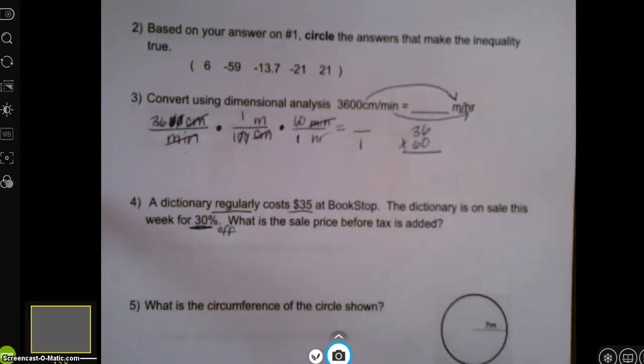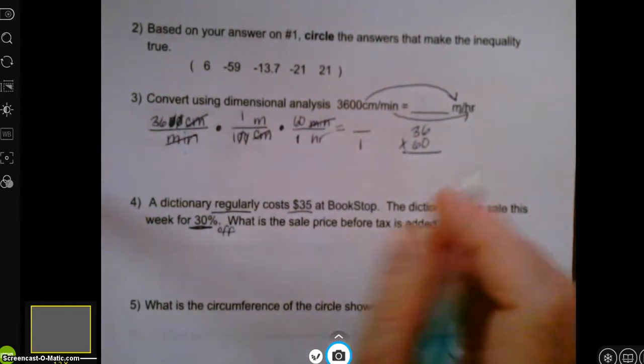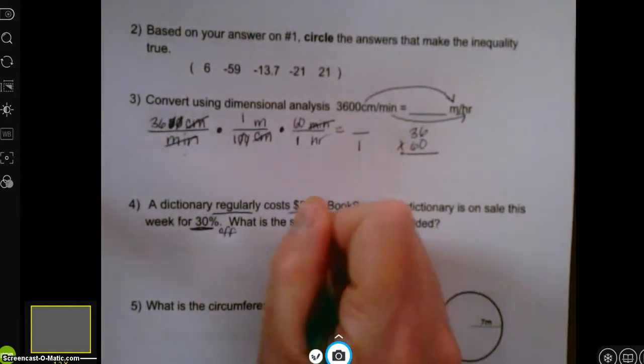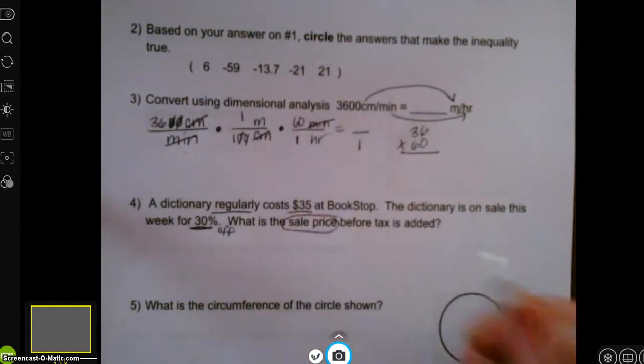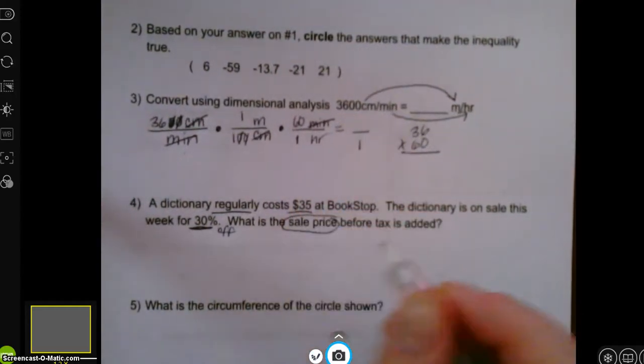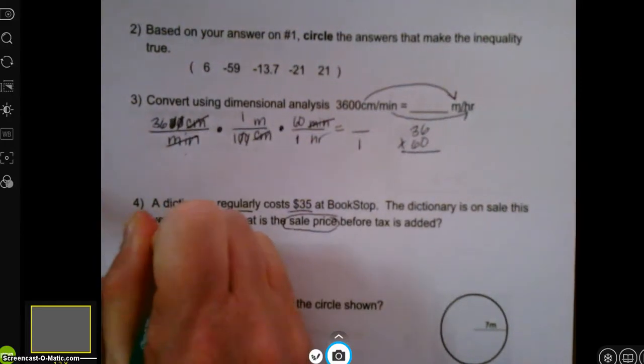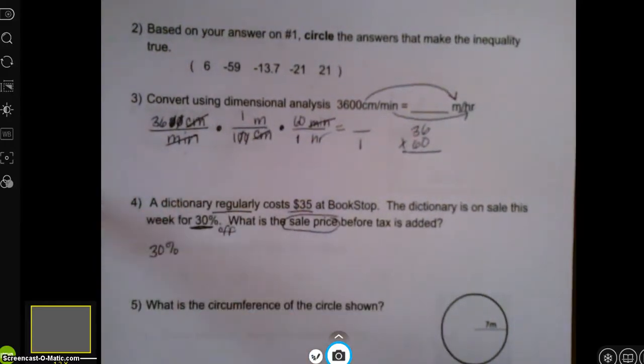So we're not going to have to deal with tax on this, so that's good. So all we need to do is find our sale price. That's the part that we're going to pay at the end. So the easiest way is to change the percent to a decimal and then multiply. So it's one dictionary.